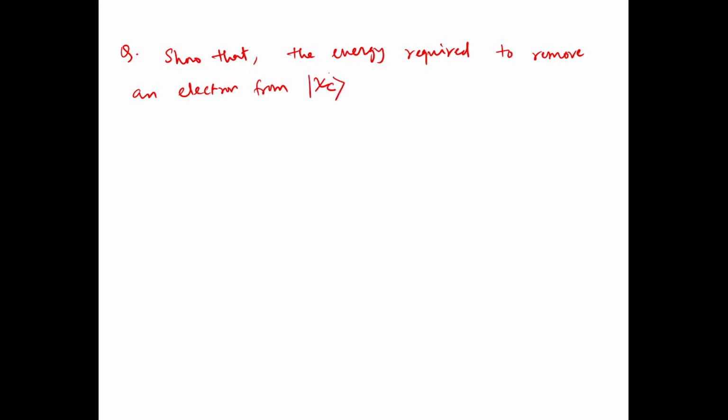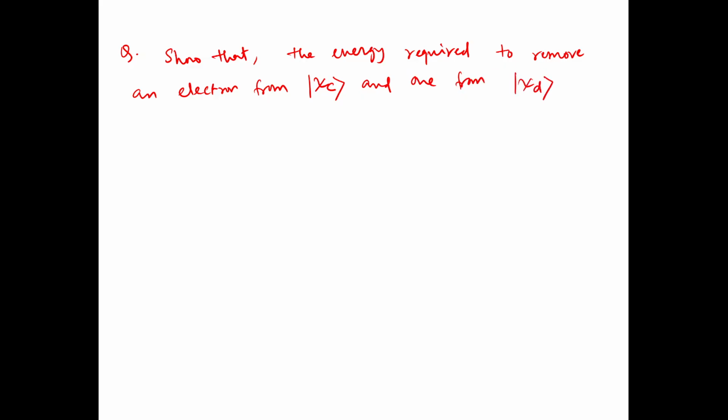The question is, the energy required to remove an electron from chi c, that is the Cth orbital, and one from chi d.